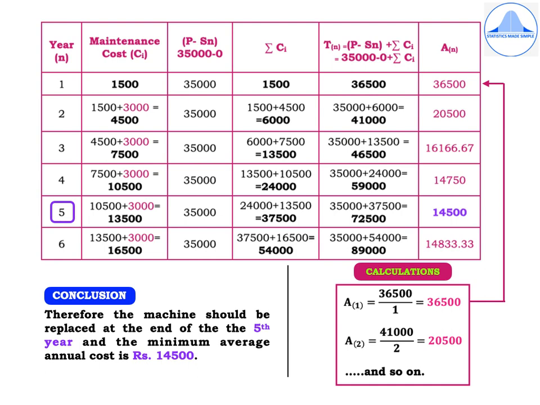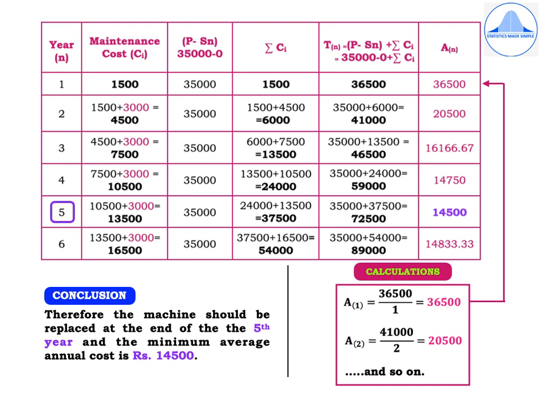Similarly, 35,000 plus 6,000 is 41,000. Then you have 35,000 plus 13,500 is 46,500. Then 35,000 plus 24,000 is 59,000. 35,000 plus 37,500 is 72,500, and 35,000 plus 54,000 is 89,000.